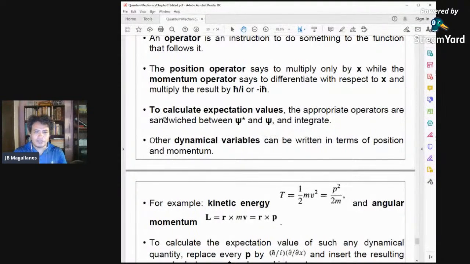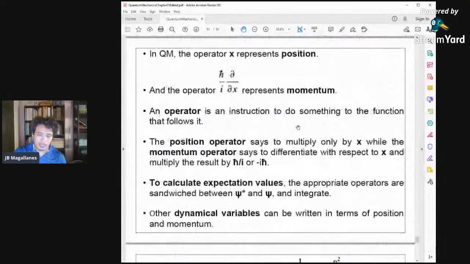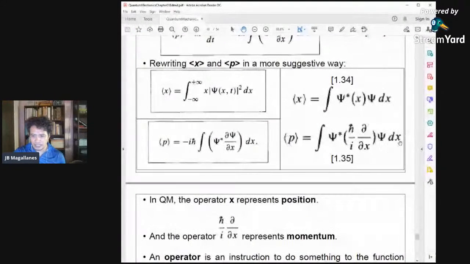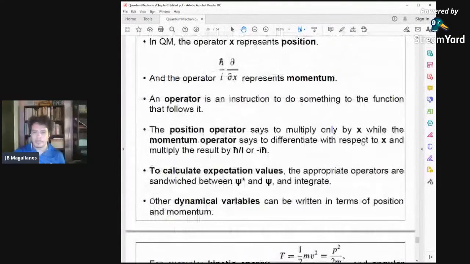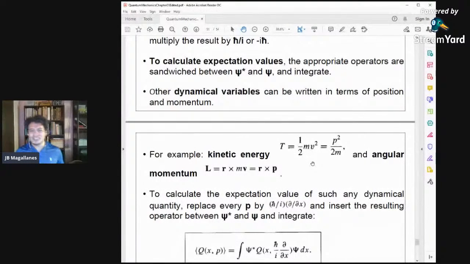So to calculate the expectation value, the factors are sandwiched between psi star and psi, and then you integrate them, just like this expression, in between psi star and psi. So for example, if you want to get the average kinetic energy, you have this formula for kinetic energy.